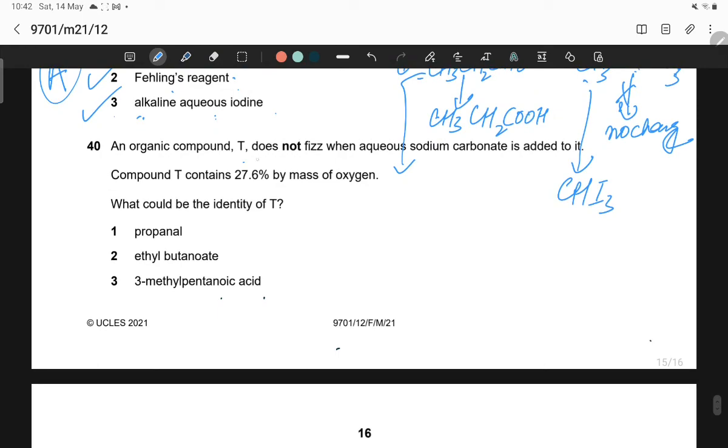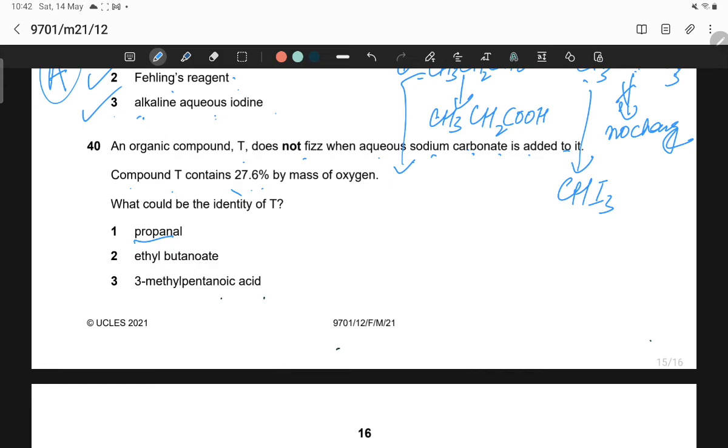An organic compound T does not fizz when sodium carbonate is added to it. Compound T contains 27.6% by mass of oxygen. Propanal does not react with sodium carbonate and cannot produce any gas.